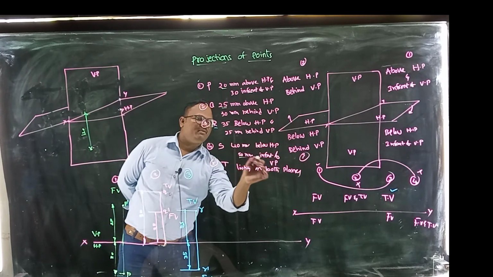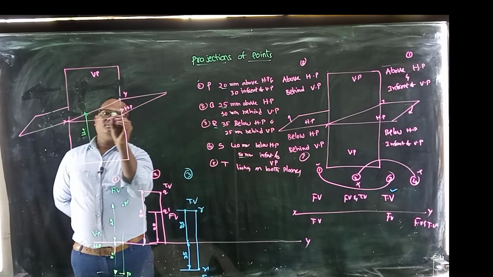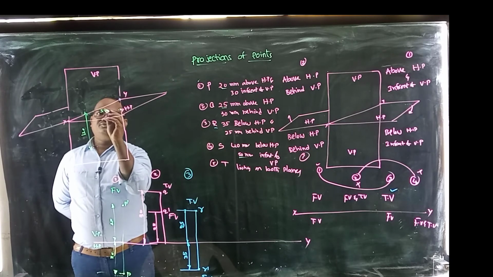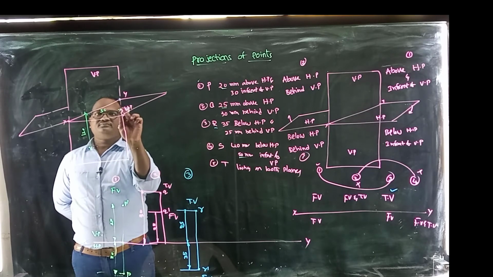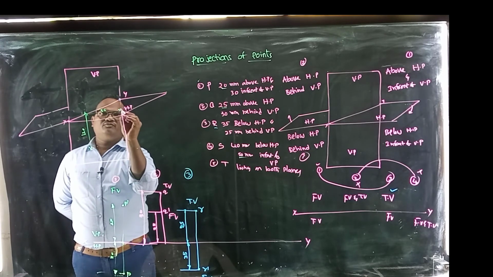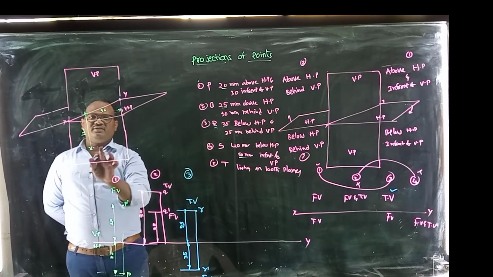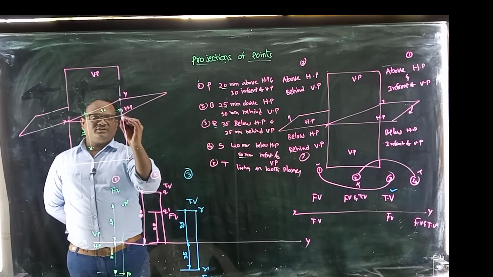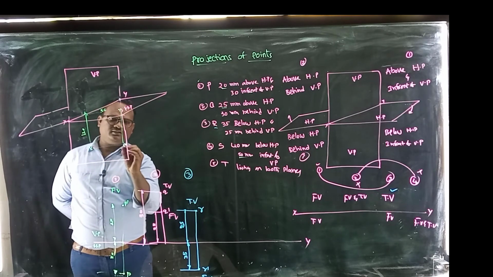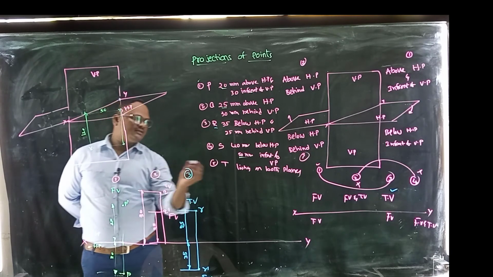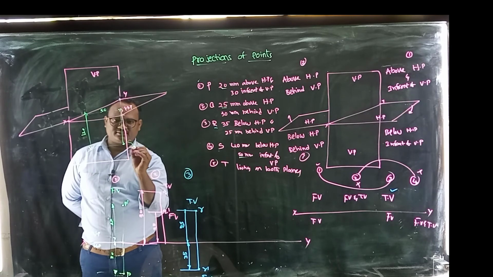Next 50 mm in front, 50 mm in front, we will get one point. By joining vertical and horizontal, we will get the point, that is S, capital S.